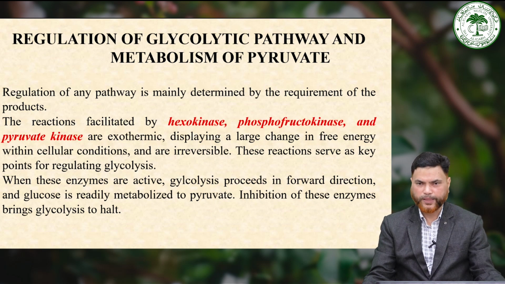Once these enzymes are active, glycolysis generally proceeds in the forward direction, and glucose is readily metabolized to generate pyruvate. But contrary to this, inhibition of these enzymes inhibits the glycolytic pathway. These regulatory mechanisms help to maintain energy homeostasis and adapt the glycolytic pathway to the specific needs of the plant cell.